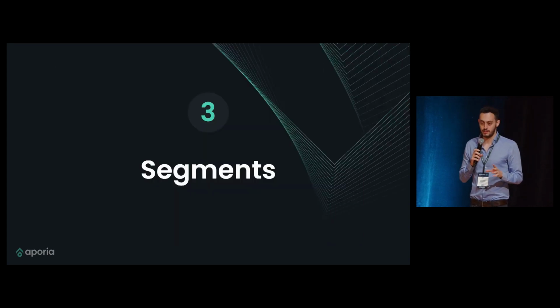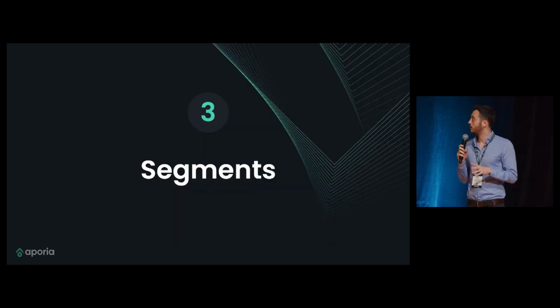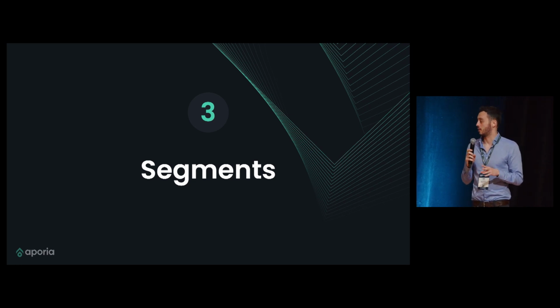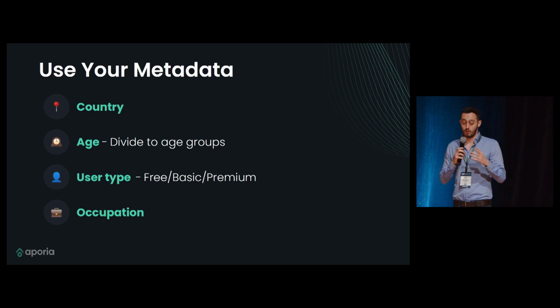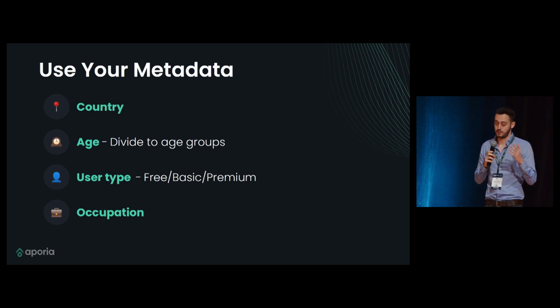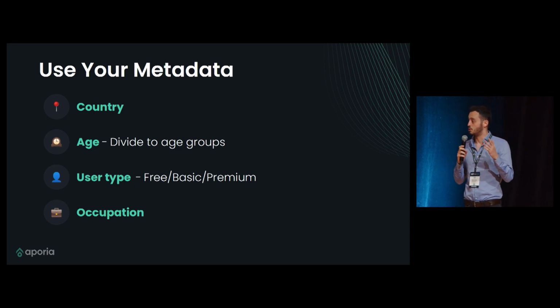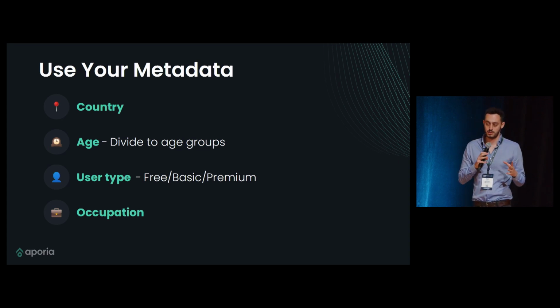The third one is probably one of the most underrated suggestions we have for monitoring, and that's to create segments. Leverage the metadata that you're already collecting about your users and incorporate it into your monitoring system. You're already collecting in your product probably things like country, age, gender, occupation, and many more business-specific parameters.